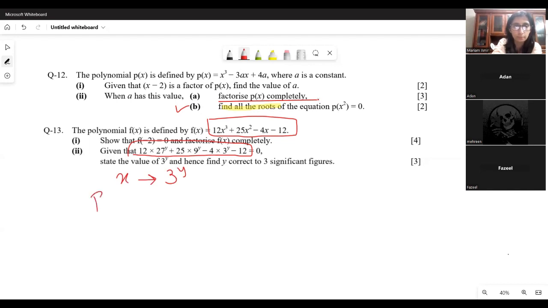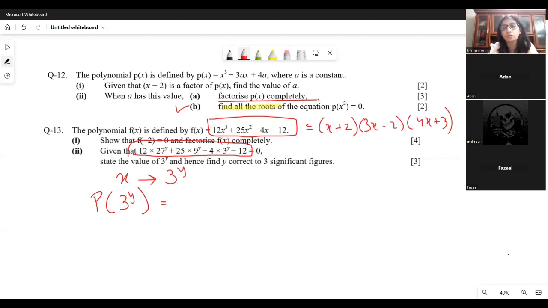So this is actually p(3 power y), and you already have this factorized in part 1. When you factorized it, you got (x plus 2), (3x minus 2), and (4x plus 3).